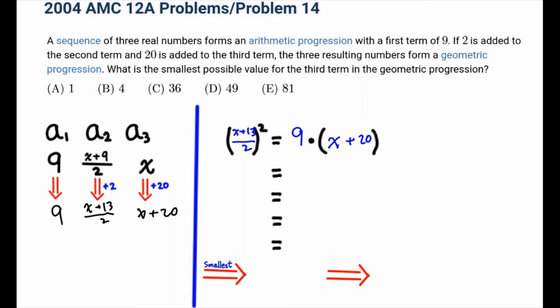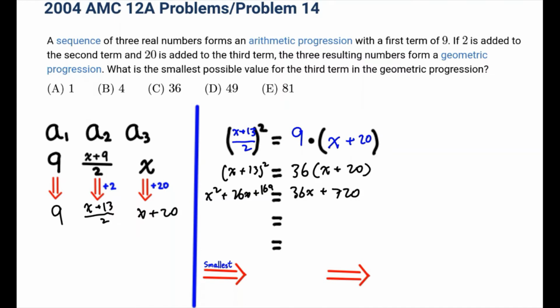Now, if we divide both sides by 4 to get rid of the 2 on the denominator, then we'll get (x + 13) squared is equal to 36 times (x + 20). By expanding these, we get that x squared plus 26x plus 169 is equal to 36x plus 720.